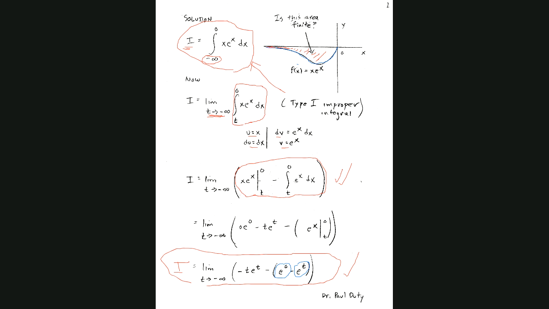And I'm going to sum this up very shortly because I know it's 5:10 now. But this negative t times e to the t, what kind of form is that? Even forget the negative, but t times e to the t. T goes to negative infinity, and e to the t goes to 0.